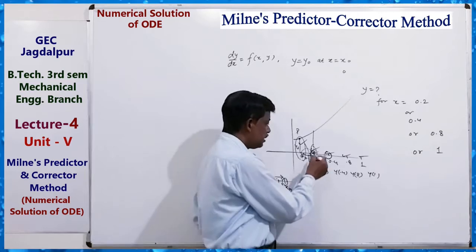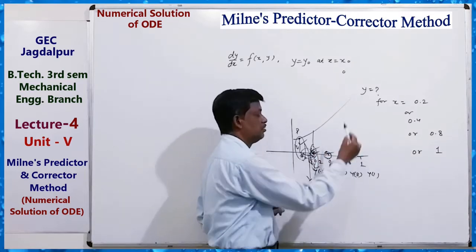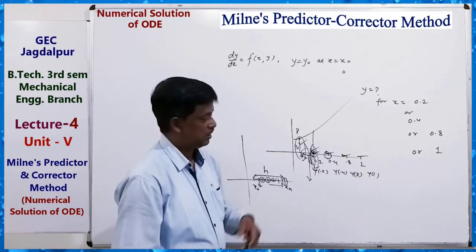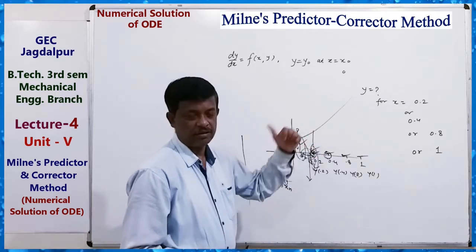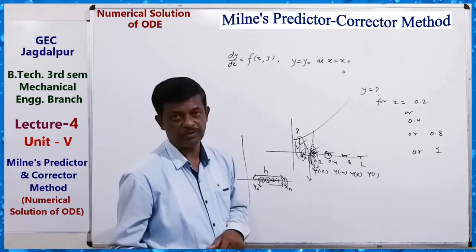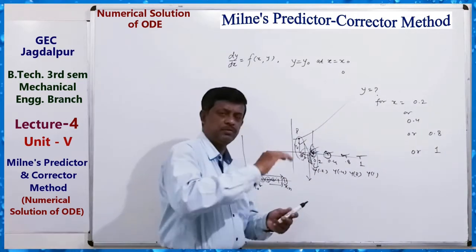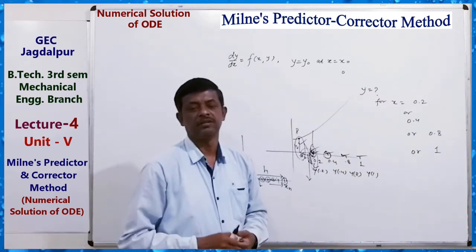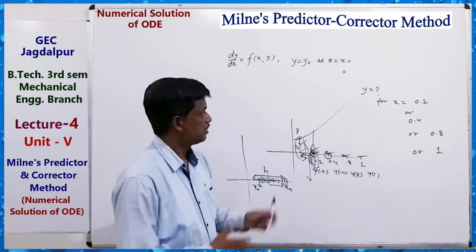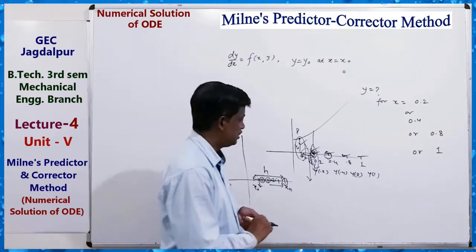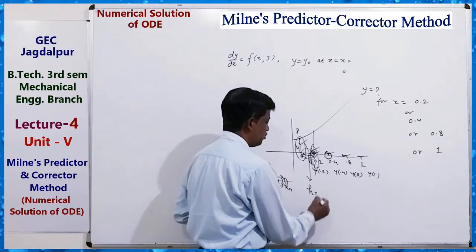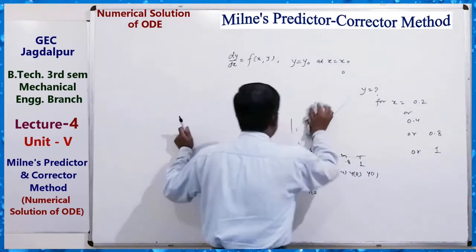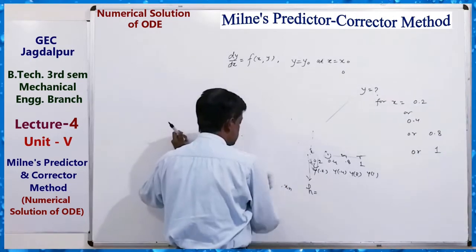Then we can get more accurate values at the points, by Picard's method, Taylor's method, Euler's method, Euler's modified method. So the previous value is used for finding the value in the next step. Here step means what? h equals what we take. Clear?